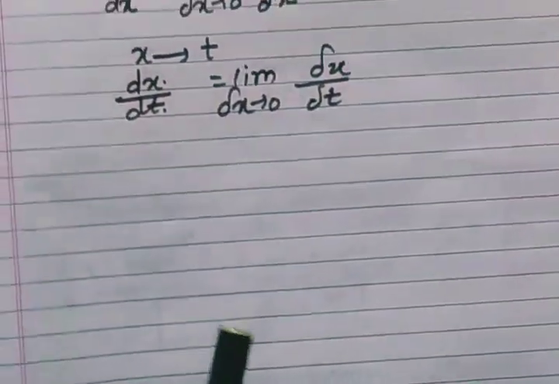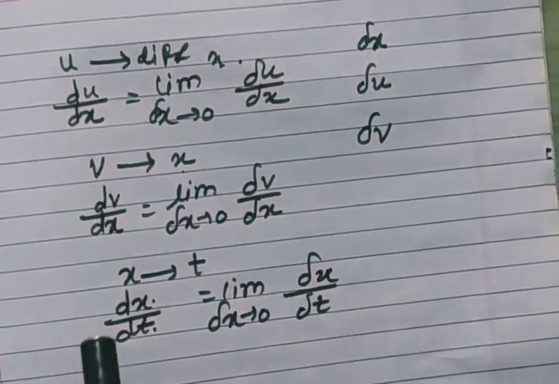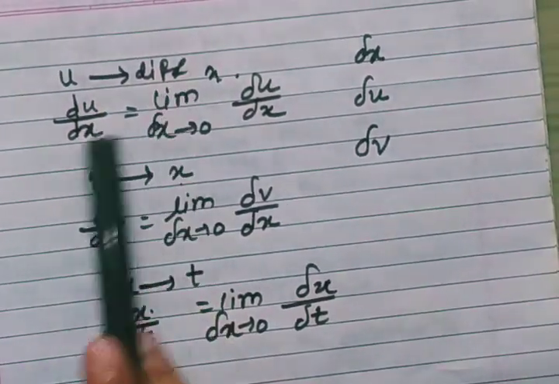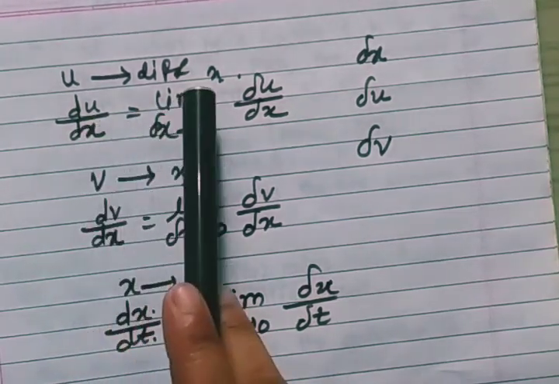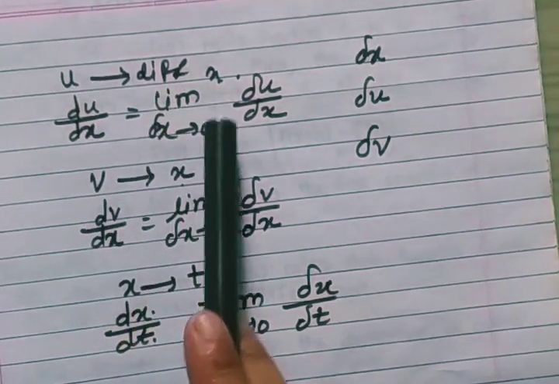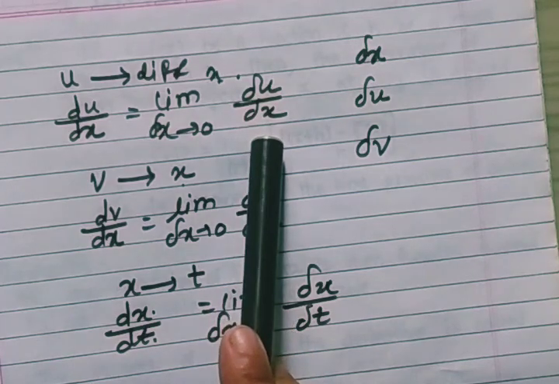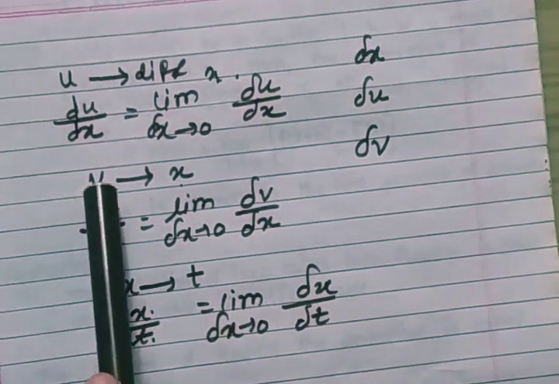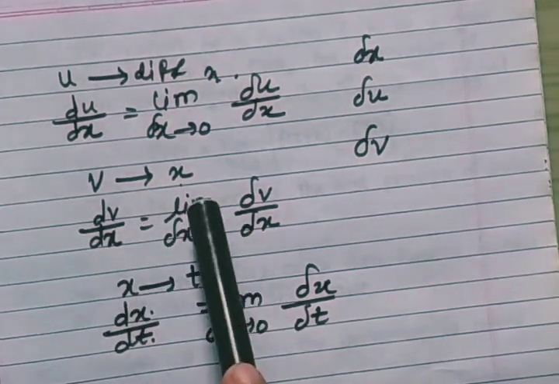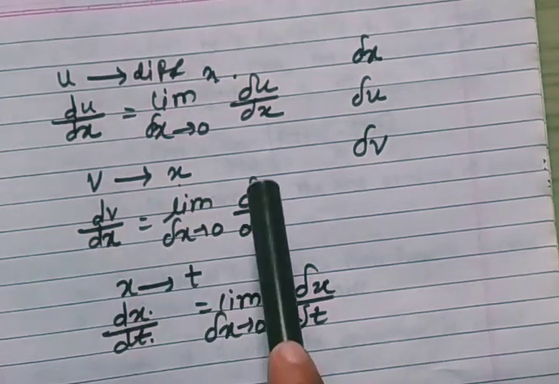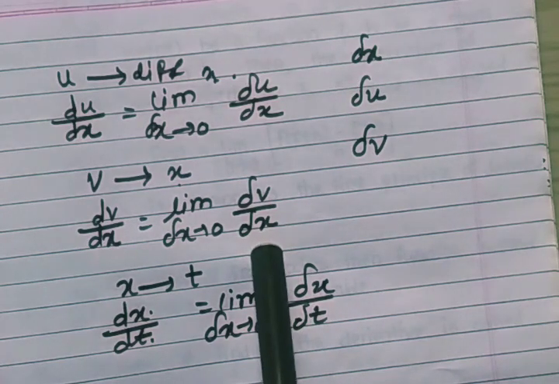Similarly, if suppose u is a differentiable function of x, that means derivative of u with respect to x exists and it is given by limit delta x tends to 0 delta u divided by delta x. Similarly, if v is a differentiable function of x, then dv by dx exists and it is given by limit delta x tends to 0 delta v divided by delta x.